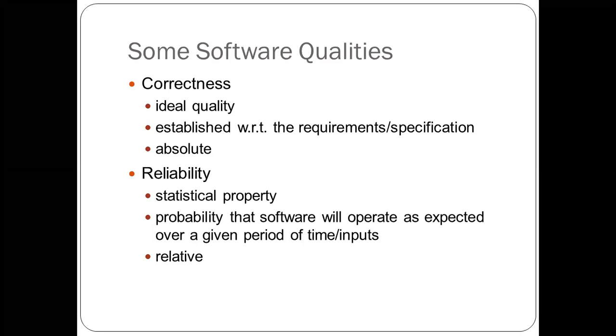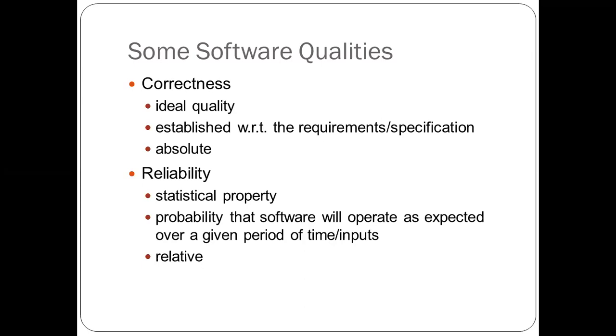That is called the ideal quality established with respect to the requirements or specification. So here we will develop our software as per the requirements or the specification of that particular organization or institution or a big company. It must also be absolute. So this also comes under the software qualities.